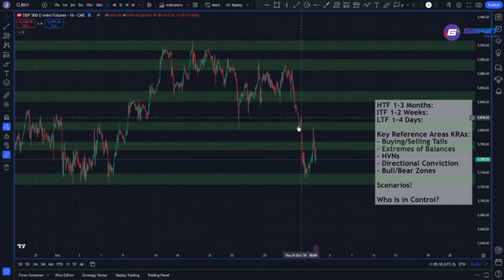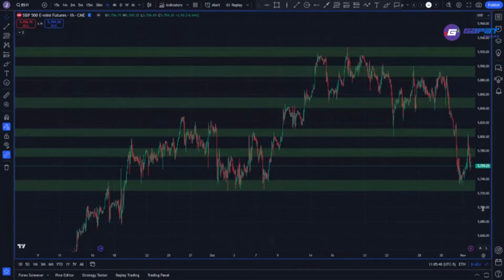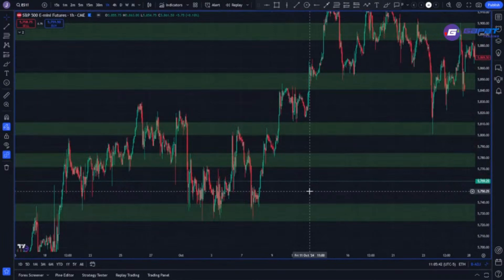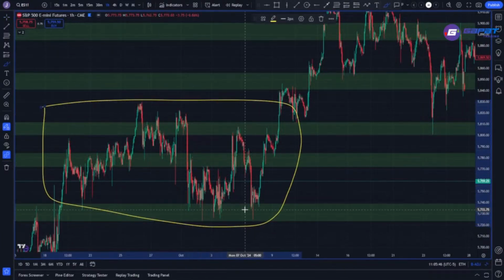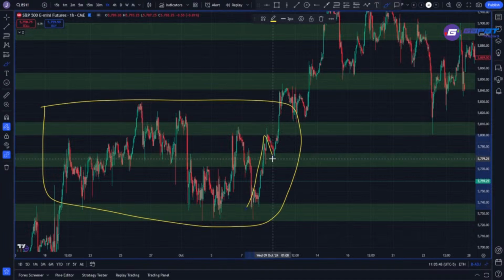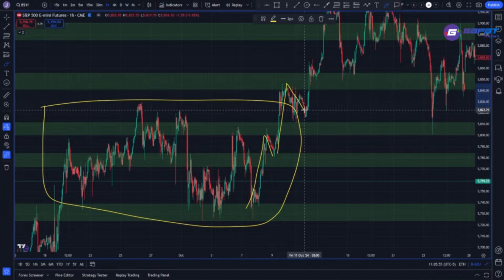You'll see that explosive move away after testing that area. If we look over here on the left, we have this range forming. Price comes up, it tests the high volume node area, and then it takes off, breaks outside of the range. Then it pulls back to the top of this balance area, and then it takes off again.